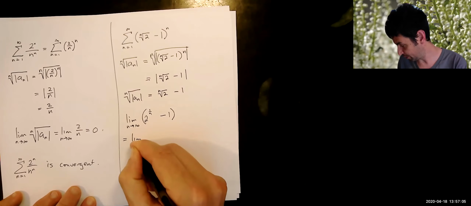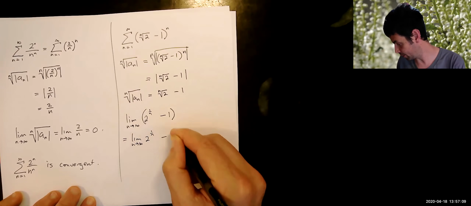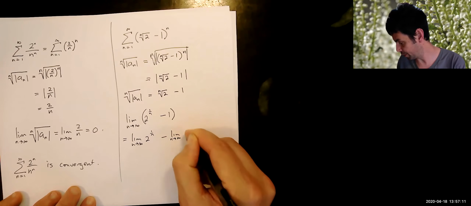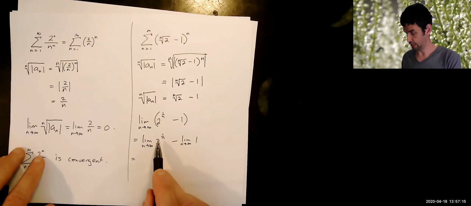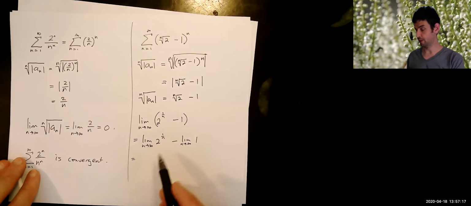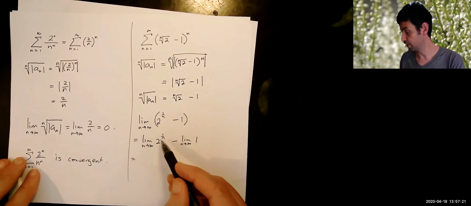This is equal to the limit as n goes to infinity of 2 to the 1 over n minus the limit as n goes to infinity of 1 using our limit laws. Well, we have to use the limit law when we've got continuous functions.